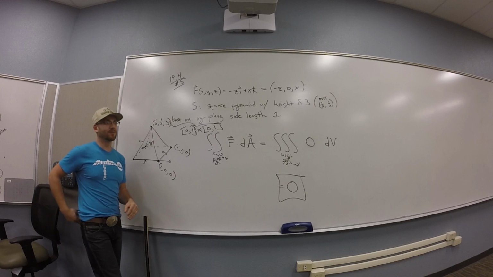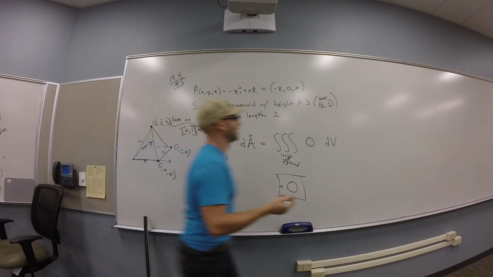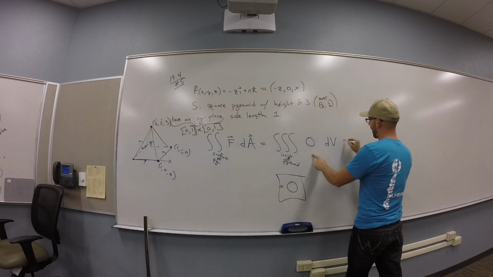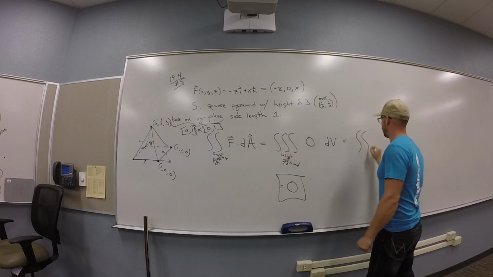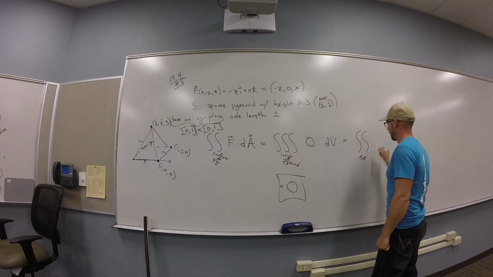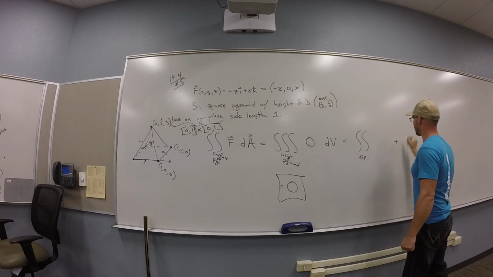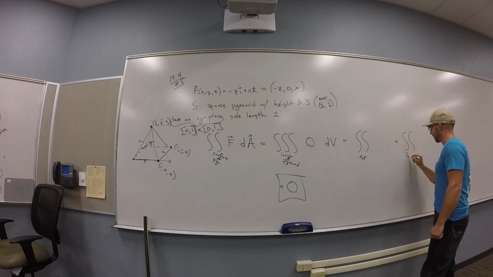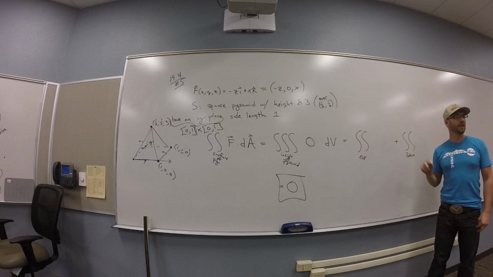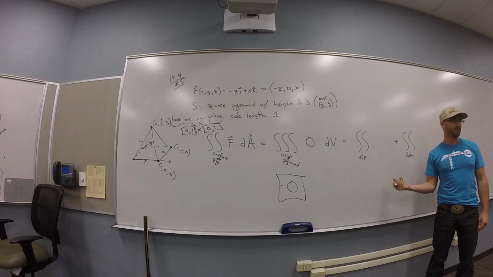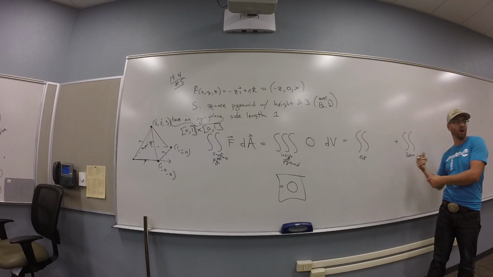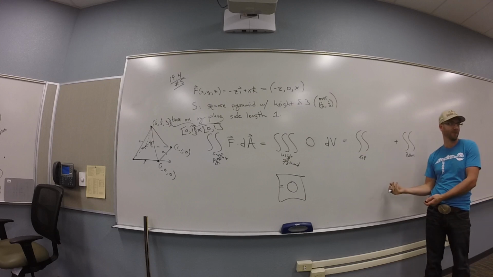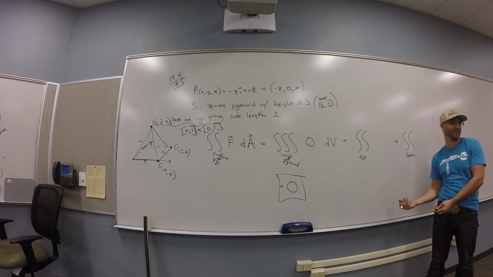But that's really just me saying that my flux through the surface is the flux through the top plus the flux through the bottom. You guys see that? That doesn't tell me which of these is positive and negative, it just tells me that they cancel. Or that one of them was 0 and the other one was also 0.